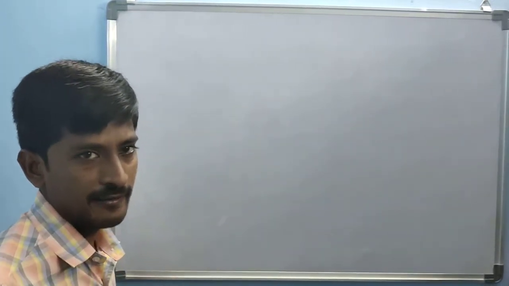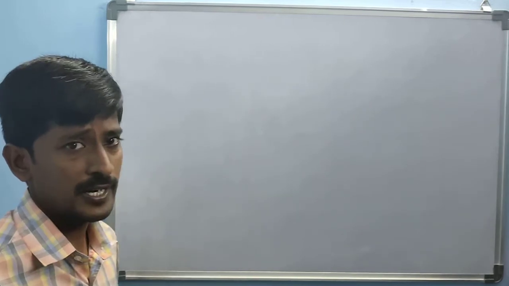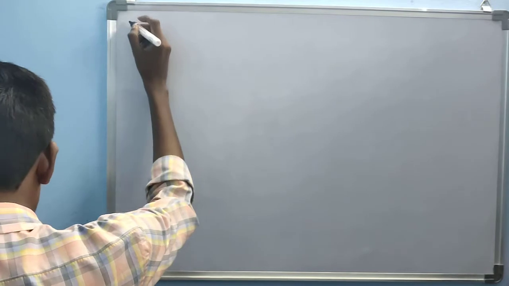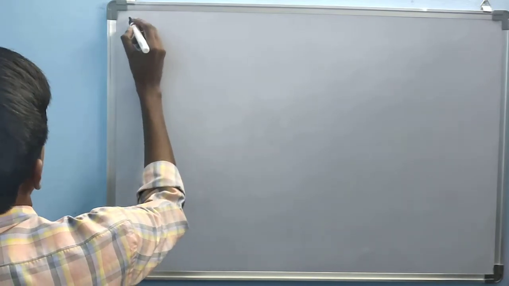Yesterday I already gave the mean and median formulas for ungrouped data and grouped data. Today we continue with cumulative frequency curves.